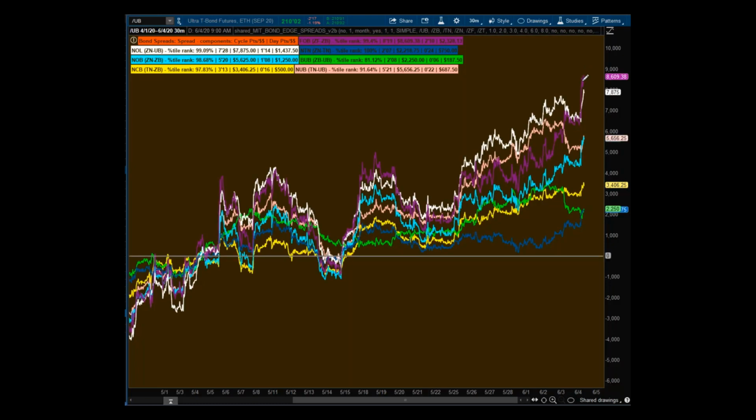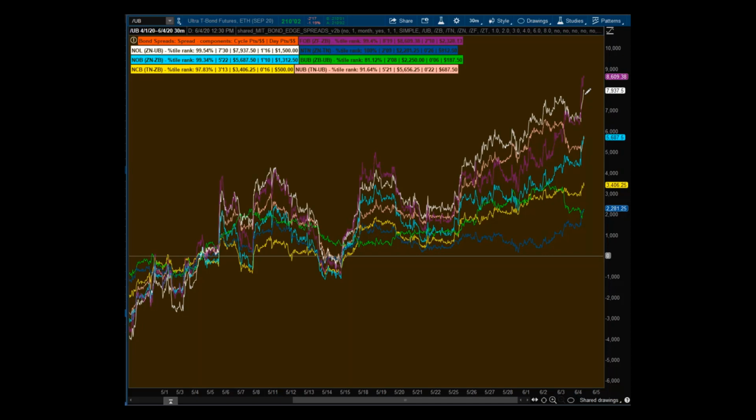I'm going to take out the FOB because the FOB's not telling me anything that the TN is not telling me. I'm already getting the information from the purple line, and I'm getting that from the white line, and therefore I can remove the duration risk between ZF and TN.